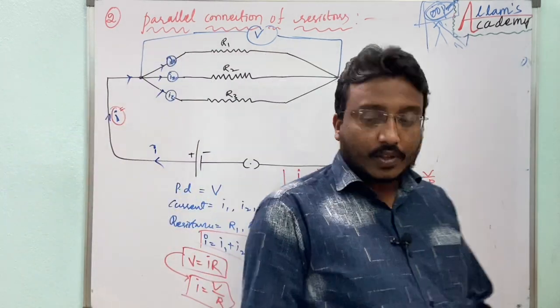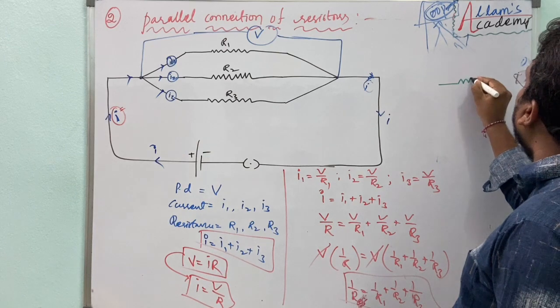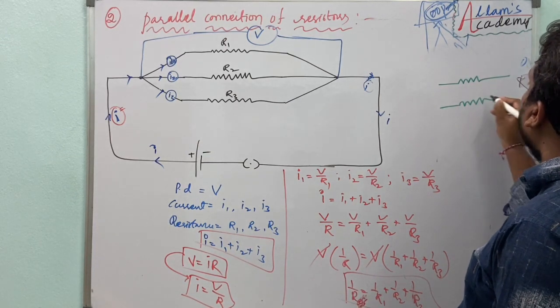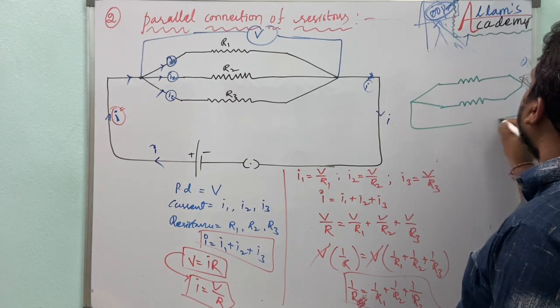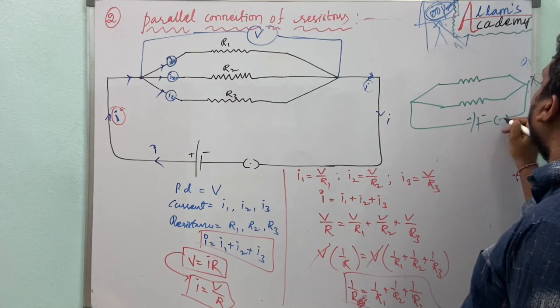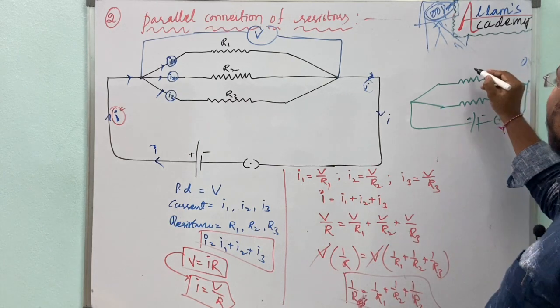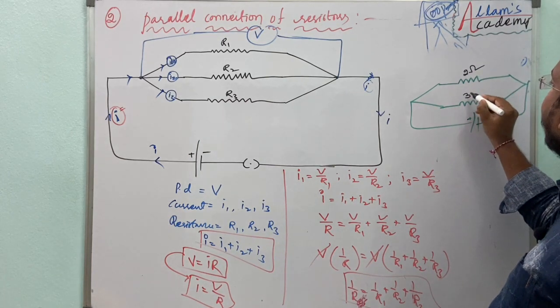See how two resistors are connected in parallel connection, like this. Here we are given 2 ohms and 3 ohms.